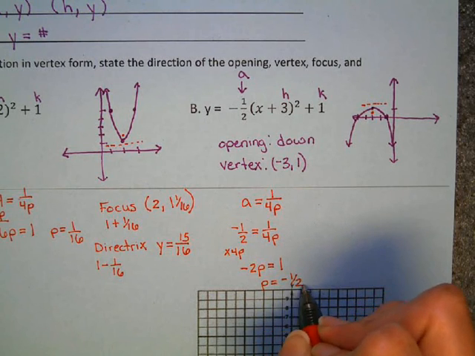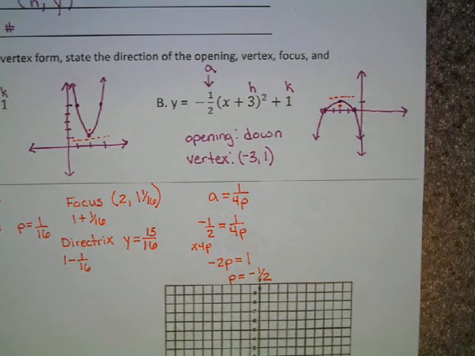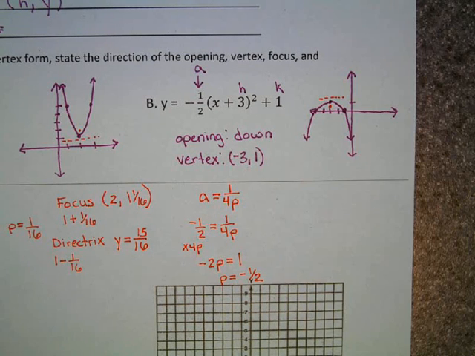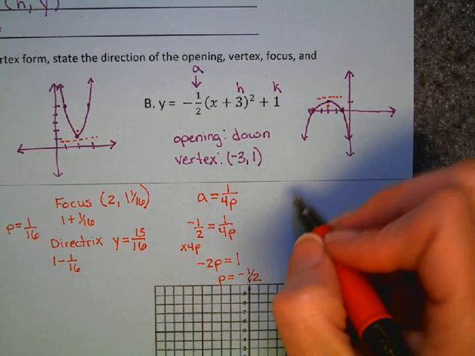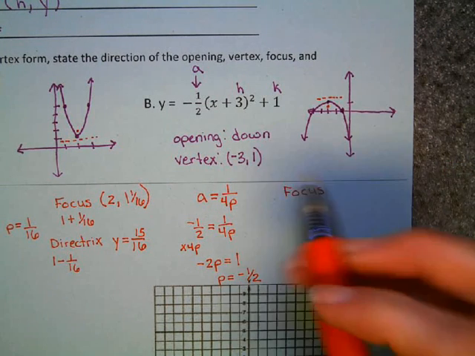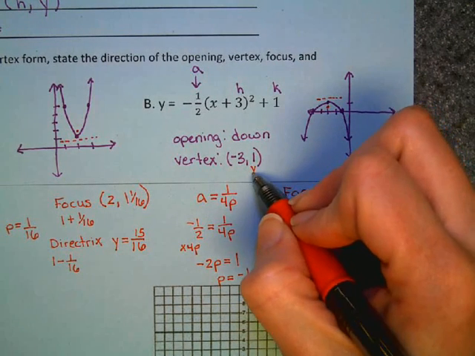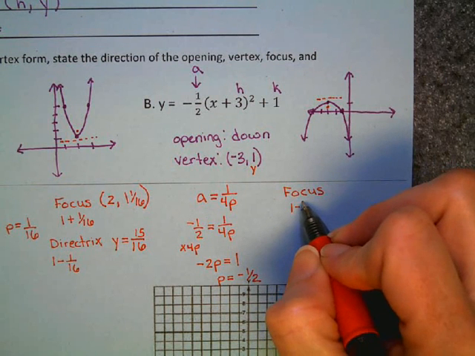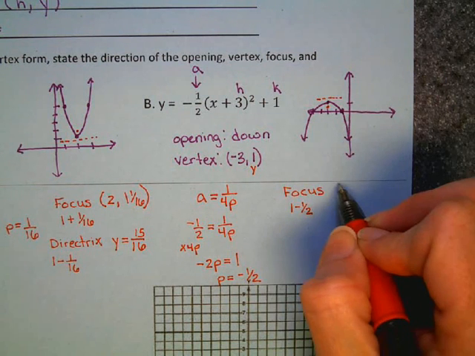So if I look at this, that tells me the focus is going to be below the vertex. So the focus, this one happens to have a y value of 1 again, so I'm going to take 1 and subtract 1/2. So the focus is at the point -3, 1/2.